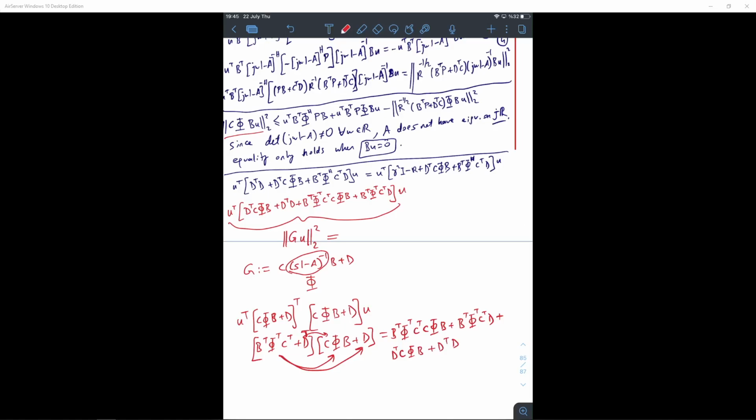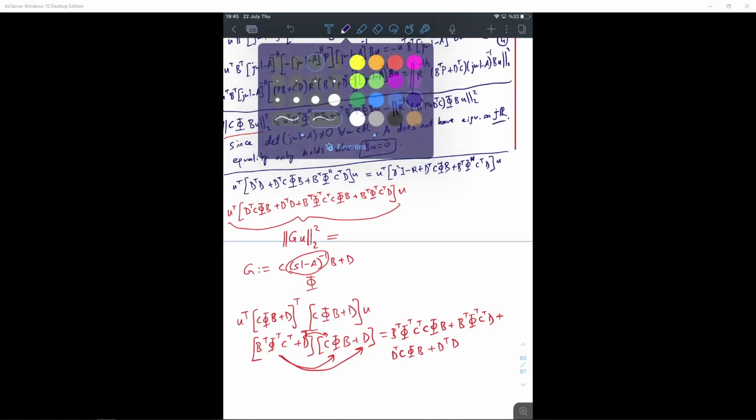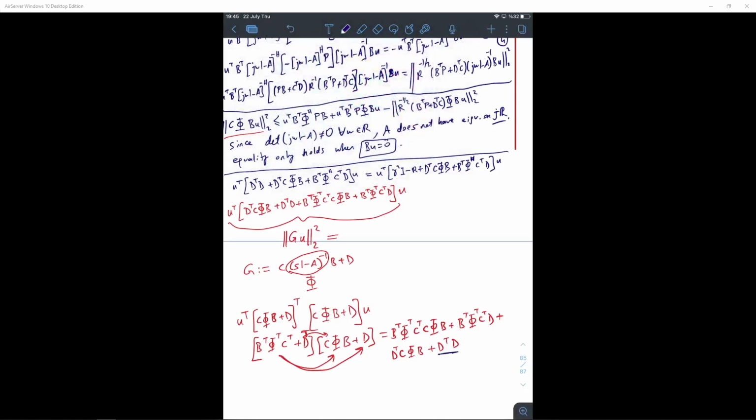Okay, let's check if that is correct, if the terms match. Okay, D transpose, okay, that's correct. And D transpose C phi B, yes. Wait a minute, I made a mistake. Yes, D transpose C phi B. B phi C and C phi B, right?